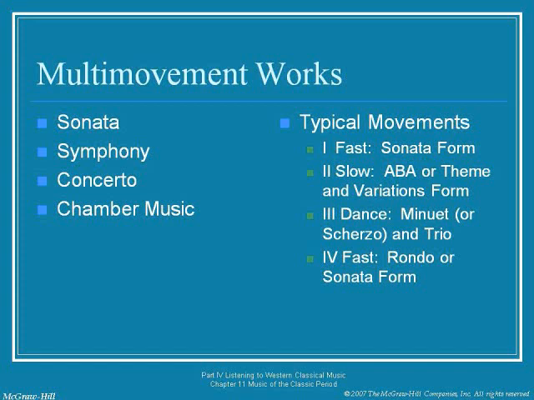Chamber music was designed to be written for smaller groups, usually string quartets or piano quintets, something like that. The biggest difference is that in chamber music, everything is played by one instrument per part. One instrument plays their particular part, whereas in a symphony, there are multiple instruments playing the same part.